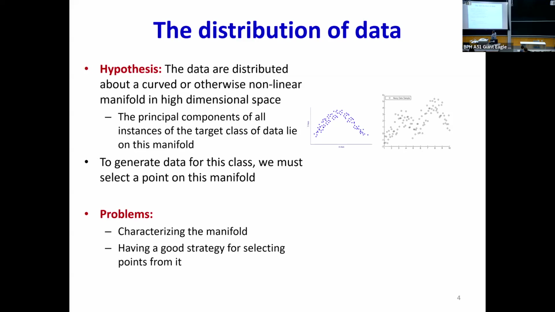And so our hypothesis is that the data are distributed on this curved or nonlinear manifold in this high dimensional space, and the principal components of all instances of the data lie on this manifold. So if you want to generate data from this class, we have to pick a sample from this manifold. Question: how do we characterize the manifold? And what's a good strategy for selecting a data instance from the manifold?